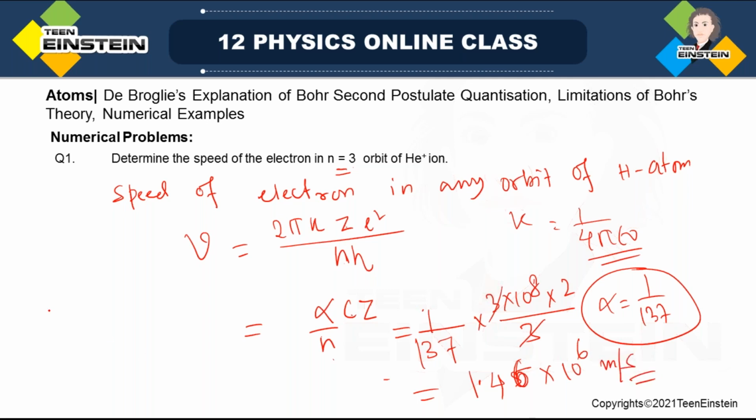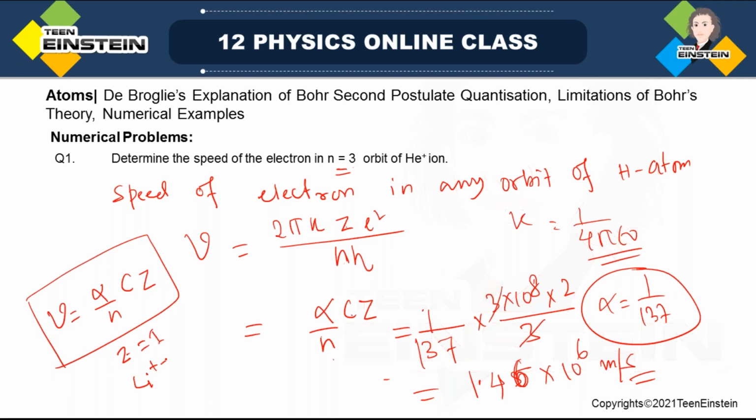So the main point you have to remember here, for competitive exam, is alpha over n, c into Z. This is the formula. This is for any atom. If you are asked for hydrogen atom, put Z is equal to 1. If you are asked for lithium doubly ionized atom, then write Z is equal to 3.